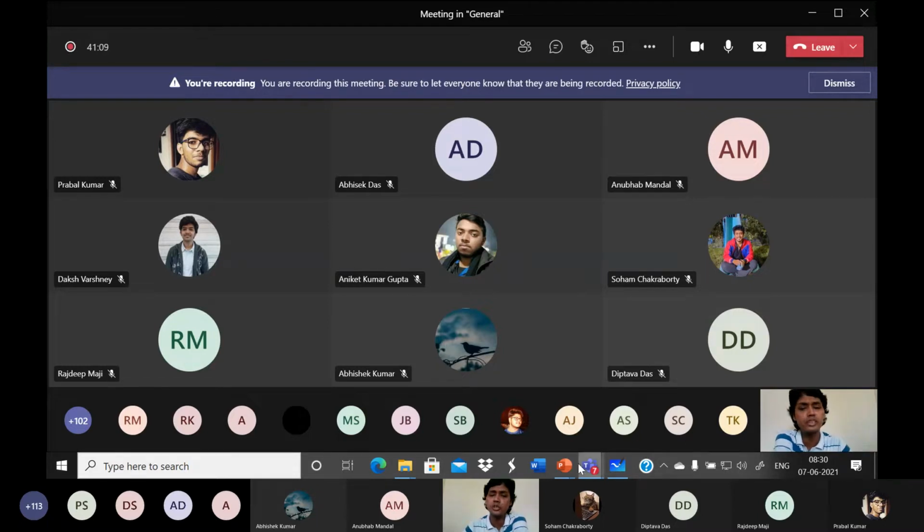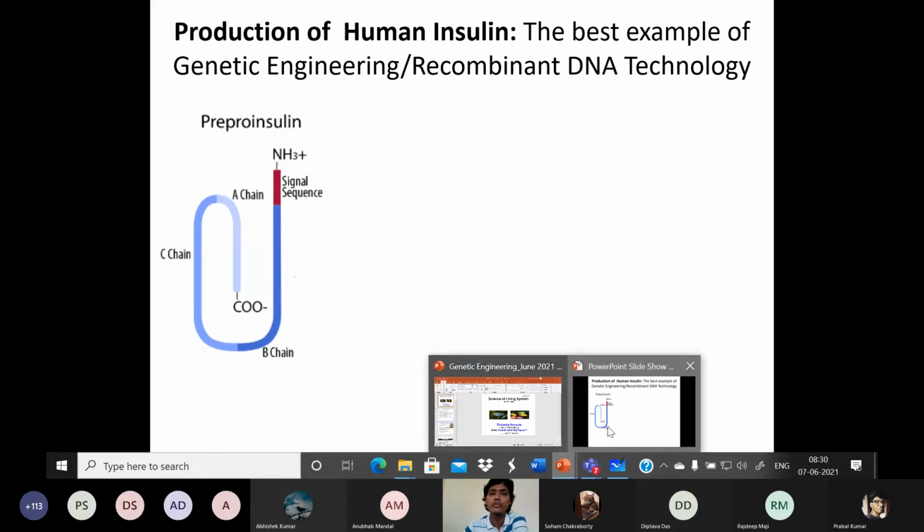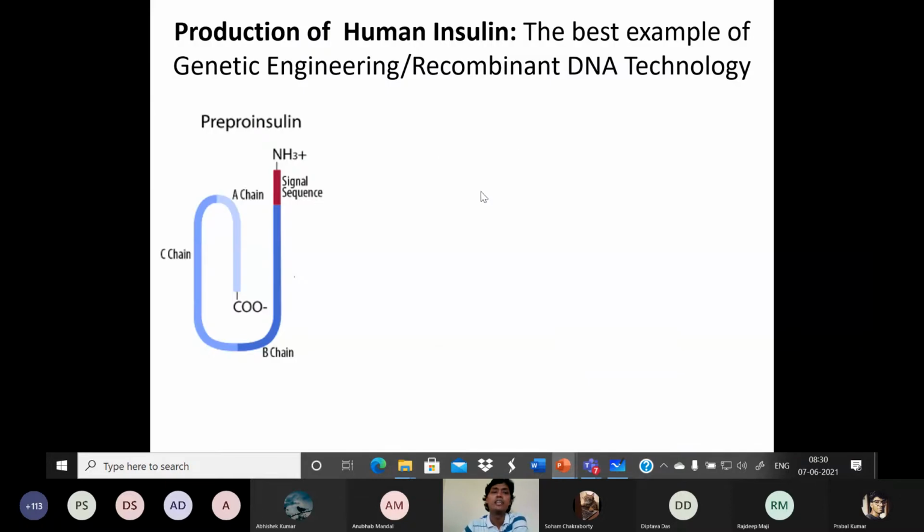Okay. So now, this is the best example of genetic engineering, which is also called recombinant DNA technology. And nowadays, as I told you, insulin is produced through this method. I would also like to state here that India is a huge production house of insulin.